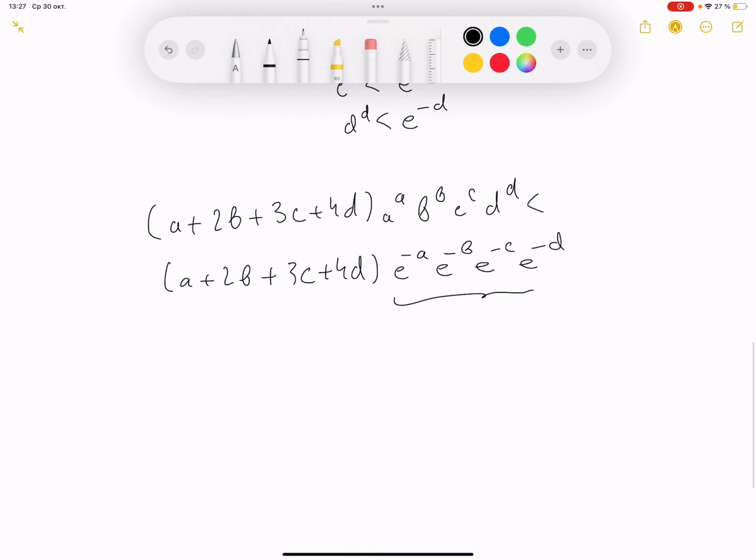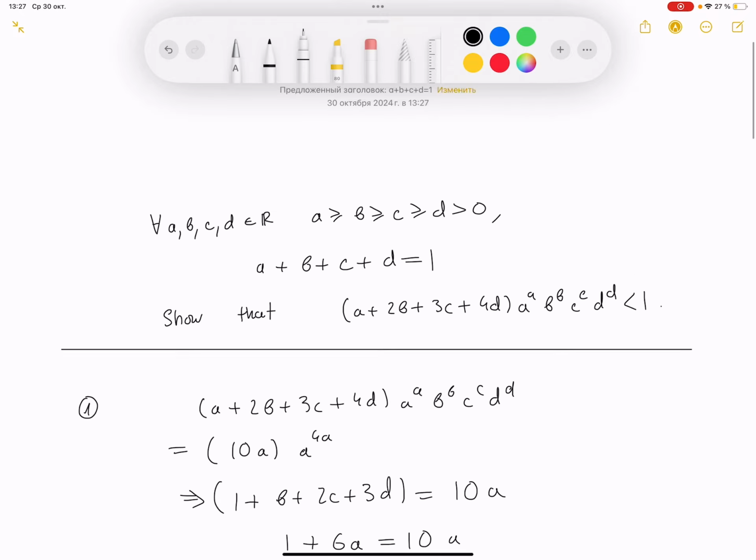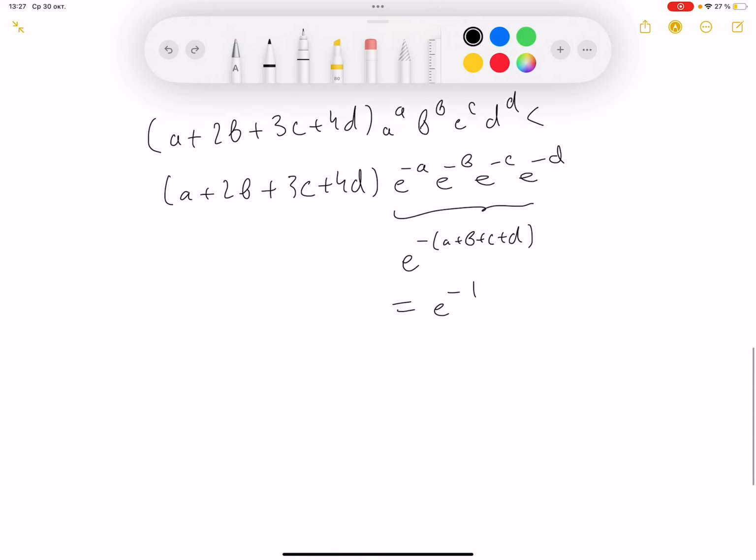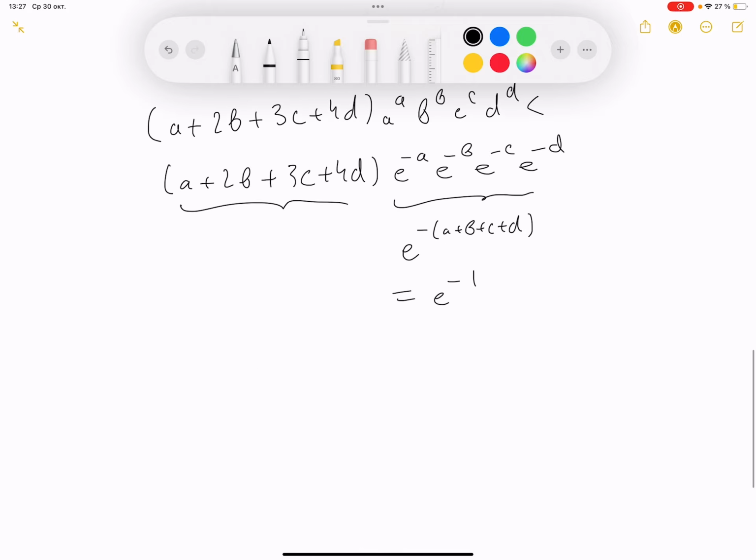This is just equal to e to the power of minus (a plus b plus c plus d), which is equal to e to the power of minus 1, as we have seen here, just due to the property of logarithms. This is, well, bigger than 1.